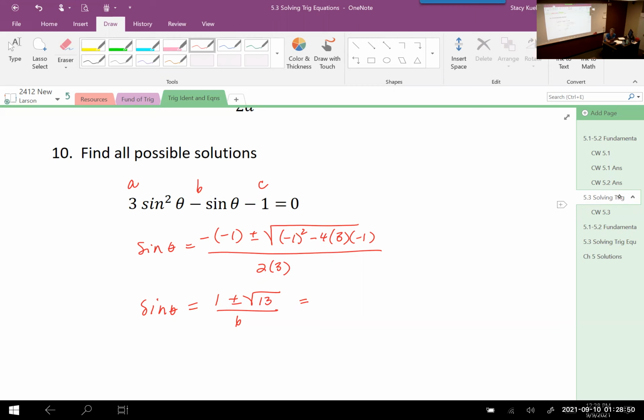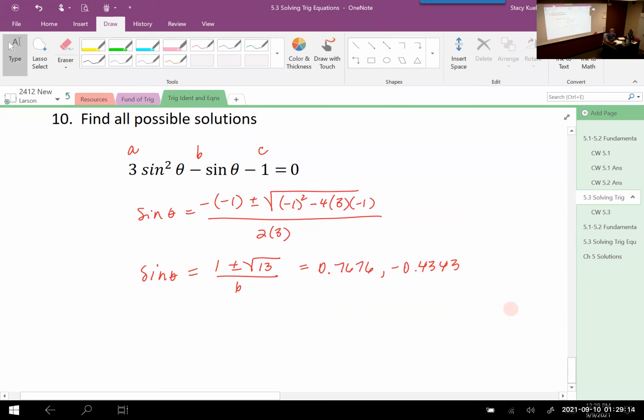The positive 0.7676, and what do we get? 0.4343 for the negative. Negative 0.4343. So this says that the sine of theta is some positive value, and the sine of theta is some negative value.